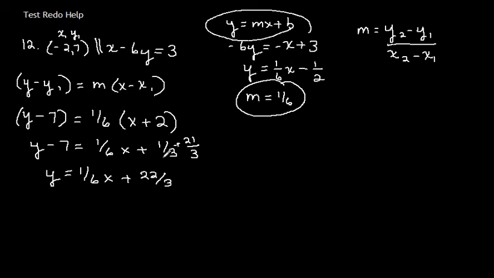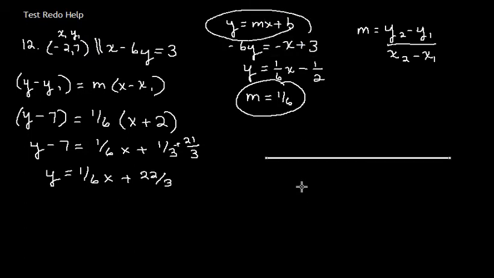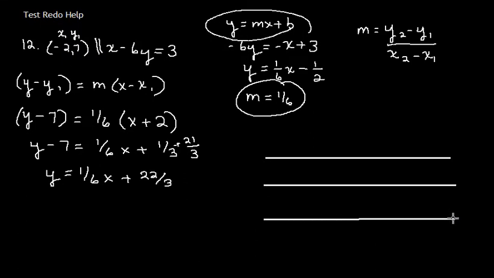Okay, 13 takes me a little bit more work to set up. Okay, we have lines that are, I'm just going to do it right over here. We have 3 parallel lines. I can draw a lot better on this thing than I can on the whiteboard, can't I? Okay, 3 parallel lines. Nice.